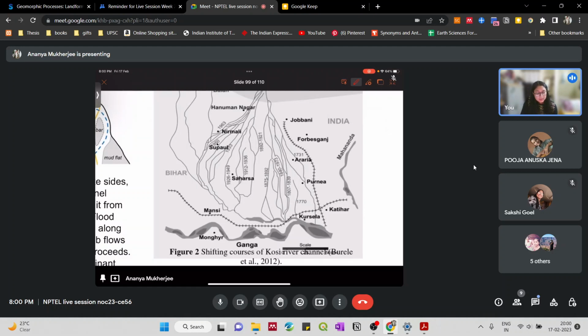The river was originally in the eastern part, flowing north to south. With time it has changed, and now it is flowing through the western part. Why has this channel changed?